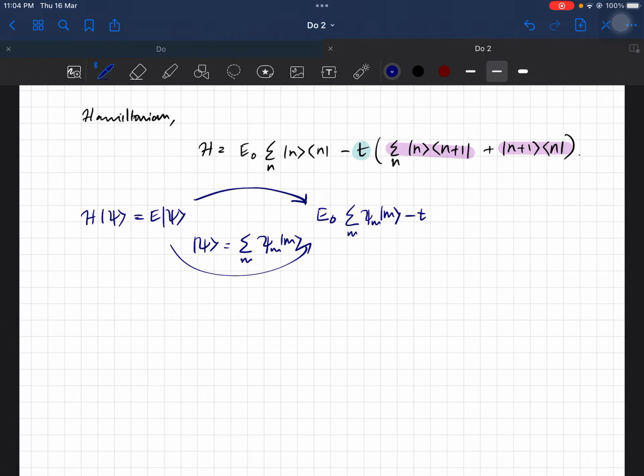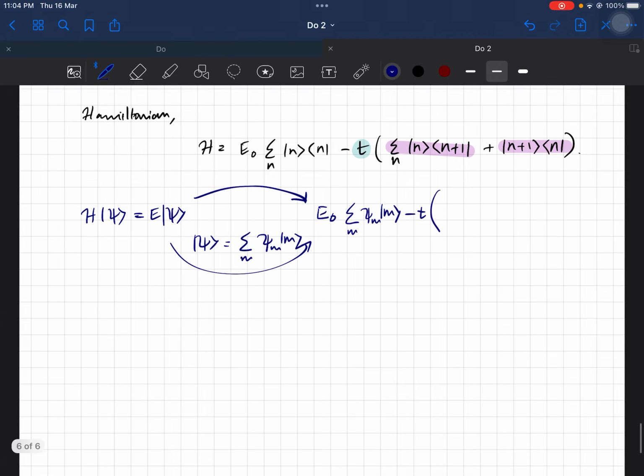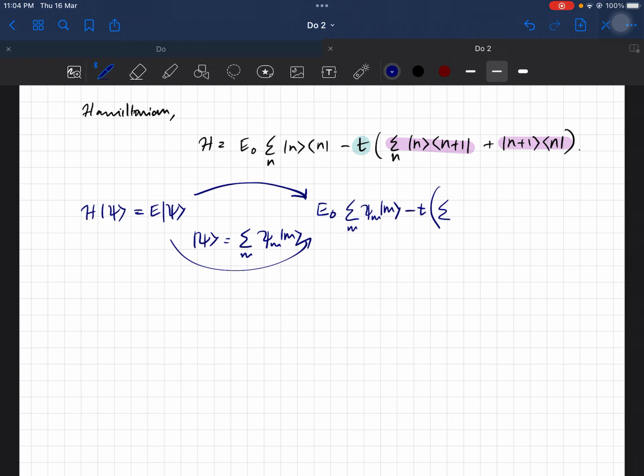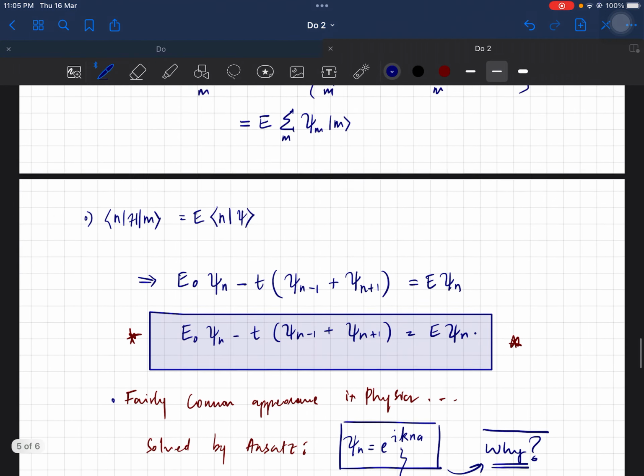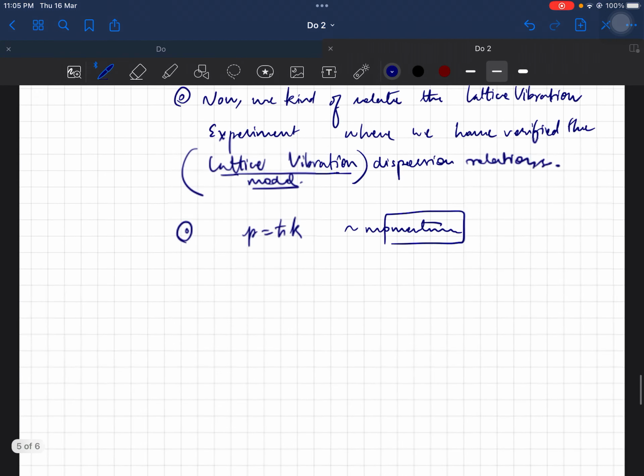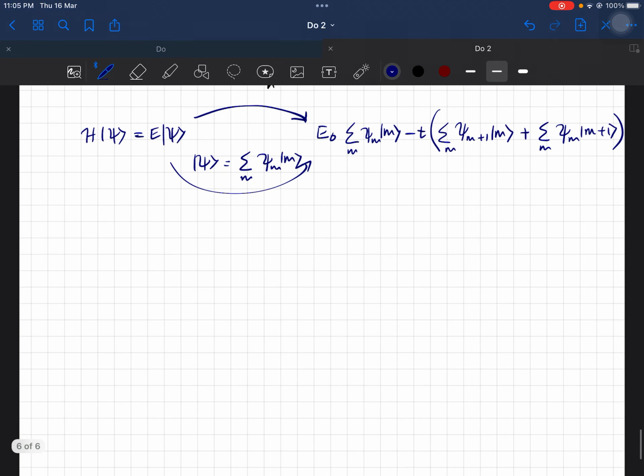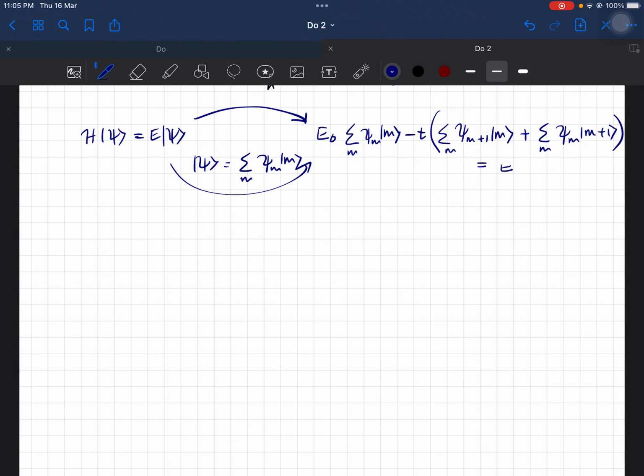Okay. Anyway, minus t times what you essentially get by looking at things is, I guess this is what we get. Equals. Yeah.